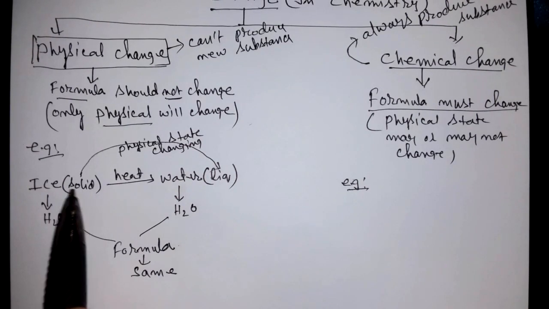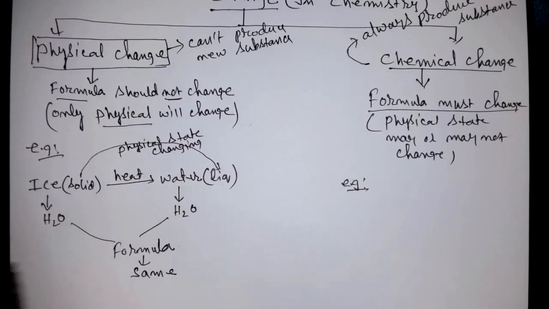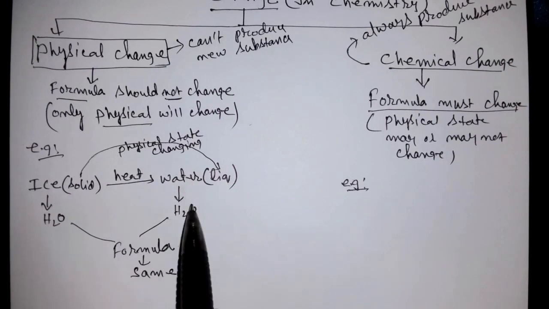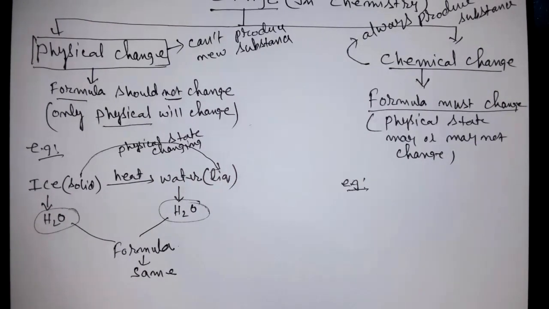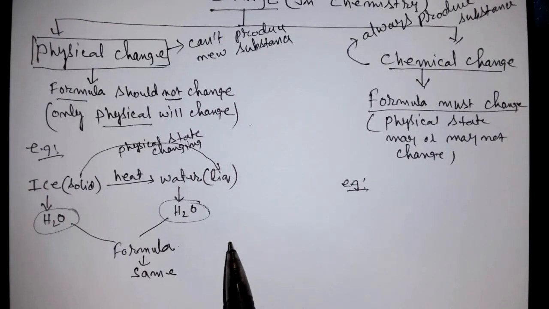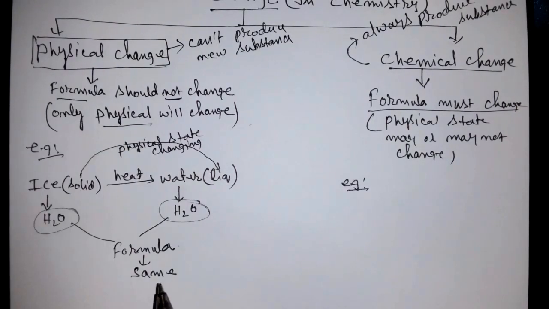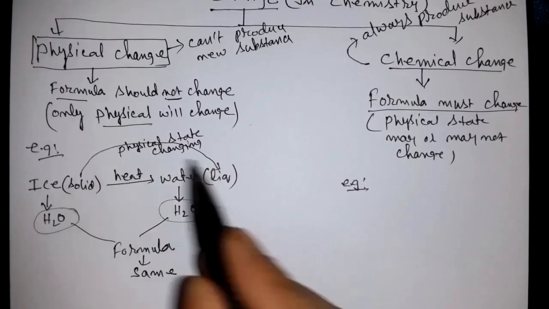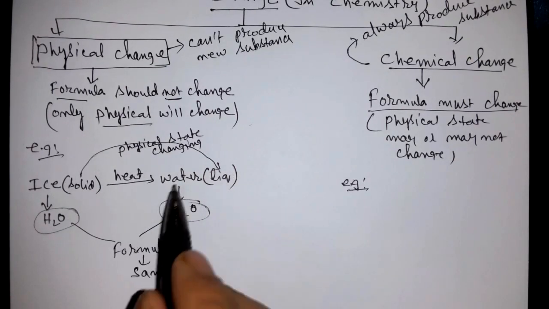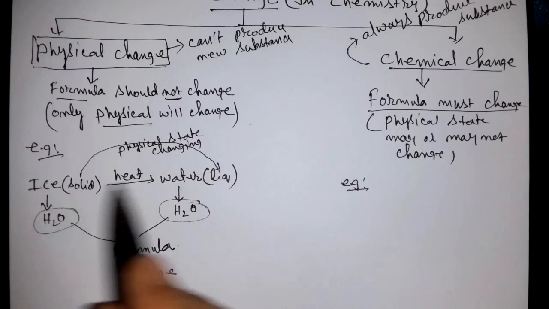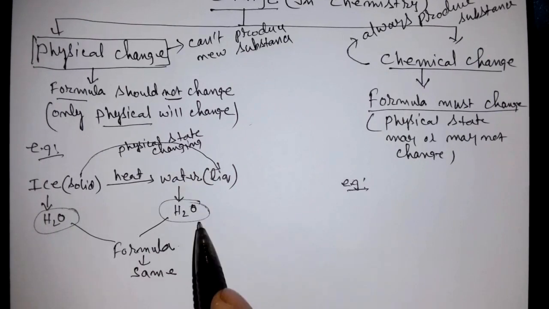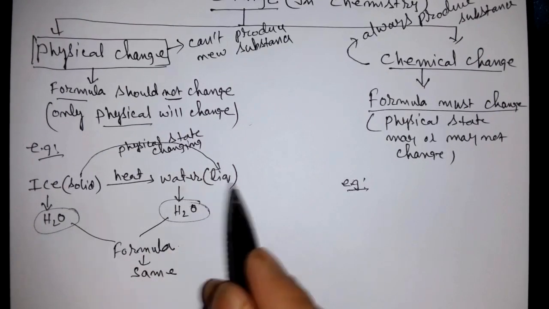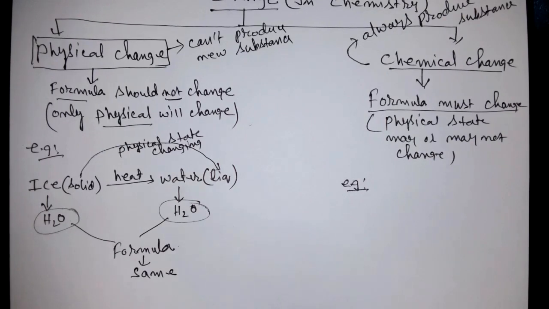Only physical state. Solid is becoming liquid, whereas the formula of ice and water is same. That means formula is not changing. So this is satisfying the definition of physical change, because physical change is that change in which formula should not change, only physical state will change. And here water is not a new substance, because ice and water both are same substance because they are having same formula. Only the physical state is different.